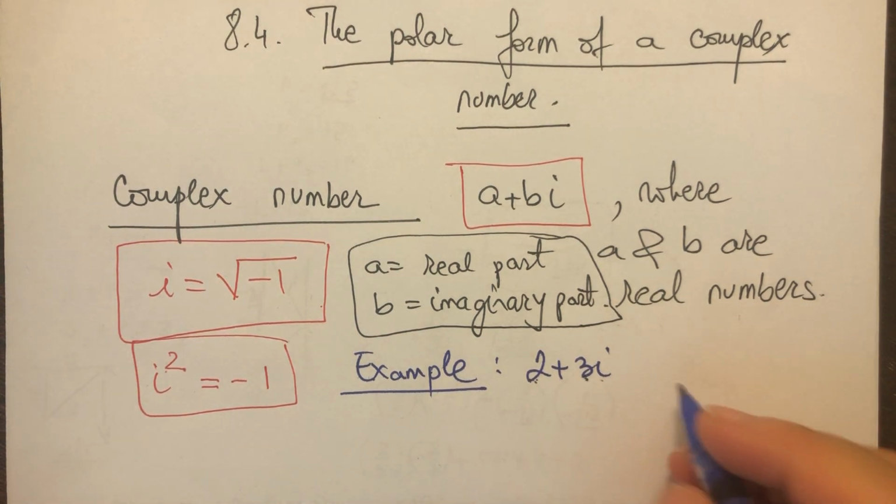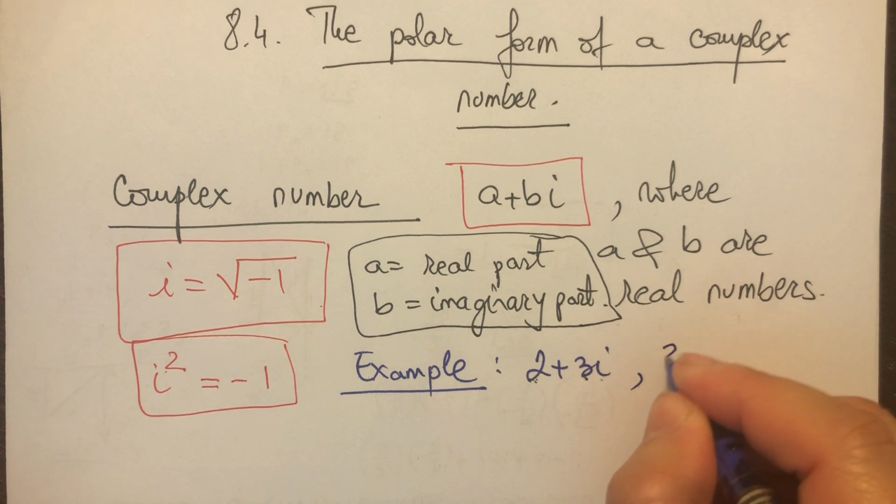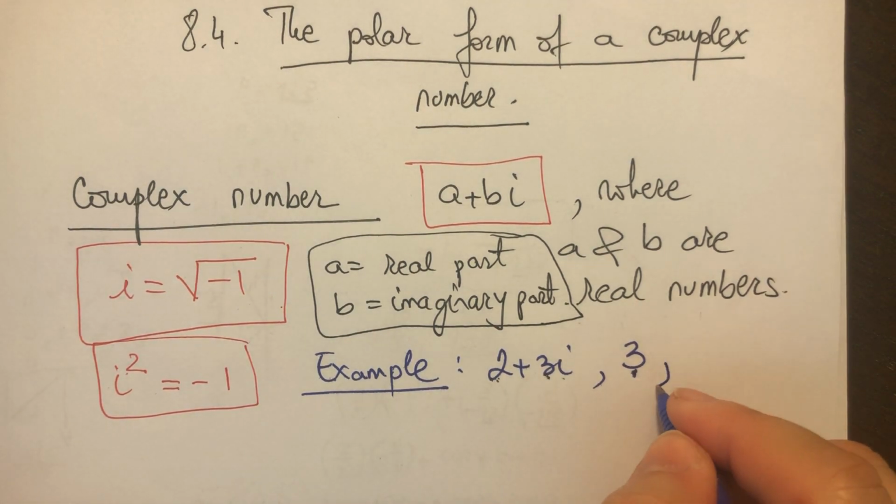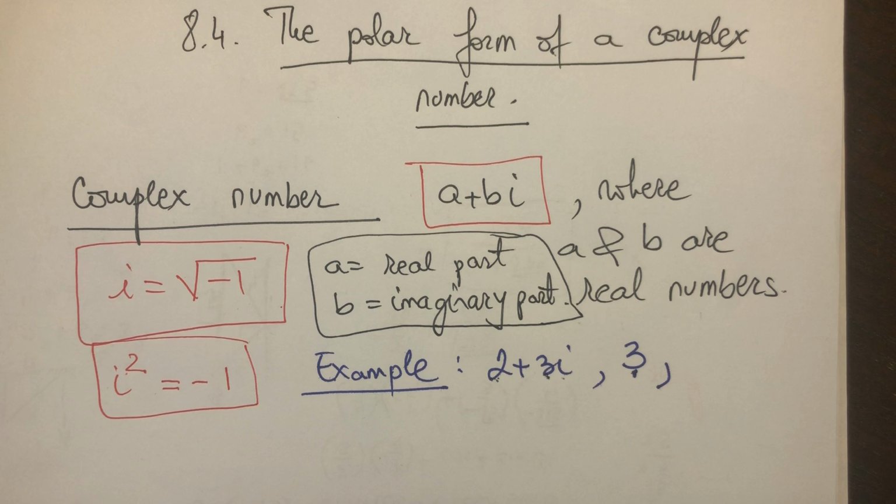We also talked about the fact that you could have real numbers as complex numbers as well. 3 has 3 real parts and 0 imaginary parts. Because there are 0 imaginary parts, we call this just a real number, but it is a complex number, one that has 0 imaginary part.